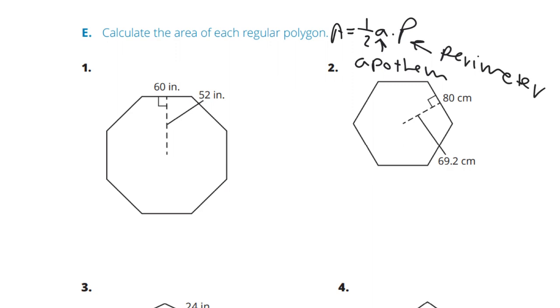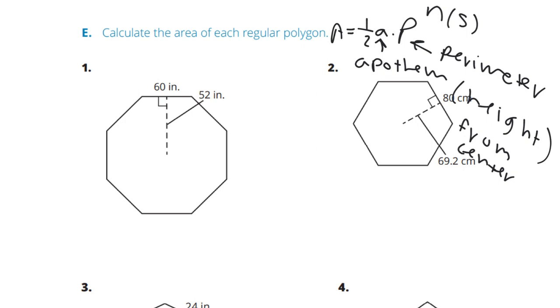Okay, so apothem is the height from the center of the polygon, and the perimeter is going to be n times s. N stands for the number of sides.